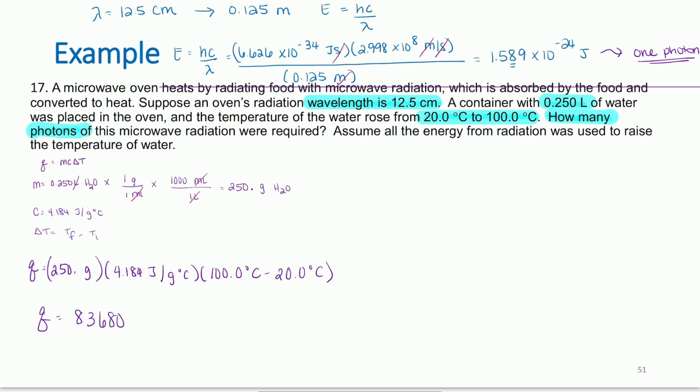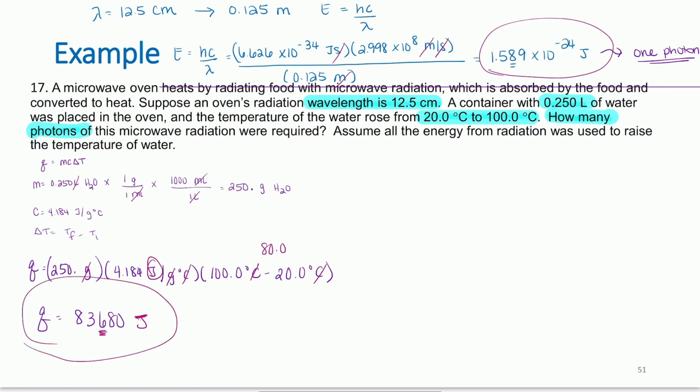Look at units quick: grams canceled, degrees C canceled. This is joules. We do need 3 sig figs, but I'm just going to hold on to that for a sec. I want to know how many photons for this whole thing, though. I know that 1 photon is going to release 1.589 times 10 to the negative 24 joules, a total of almost 84,000 joules. So, number of photons.